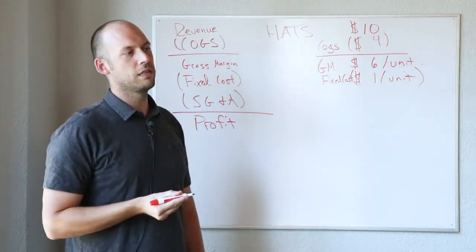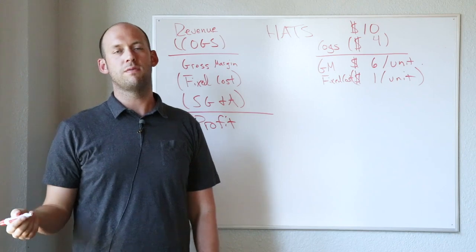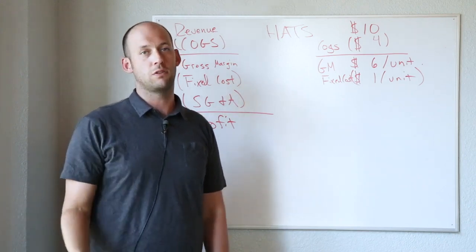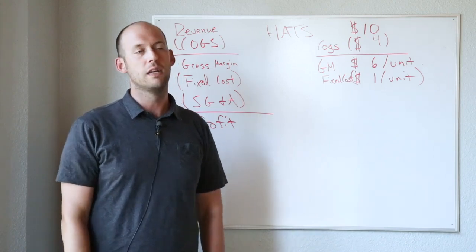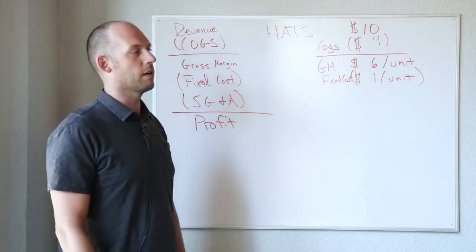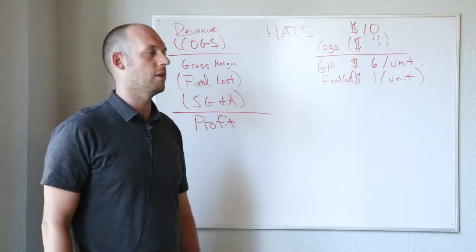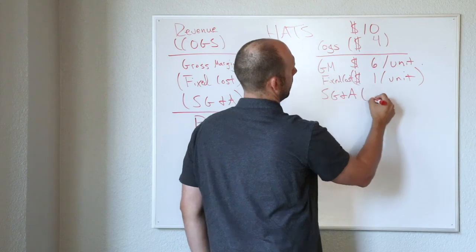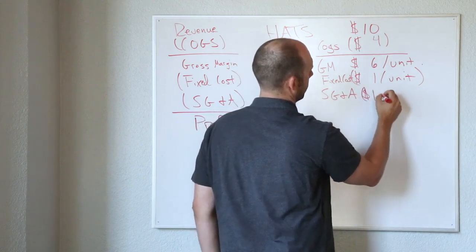And the next thing that we need to subtract from our gross margin is the fixed selling, general, and administrative expenses. The selling, general, and administrative expenses allocated per unit. So in this example, let's imagine that we also pay $100 per year on SG&A to produce 100 hats. In this example, it's again subtracting $1 per unit.